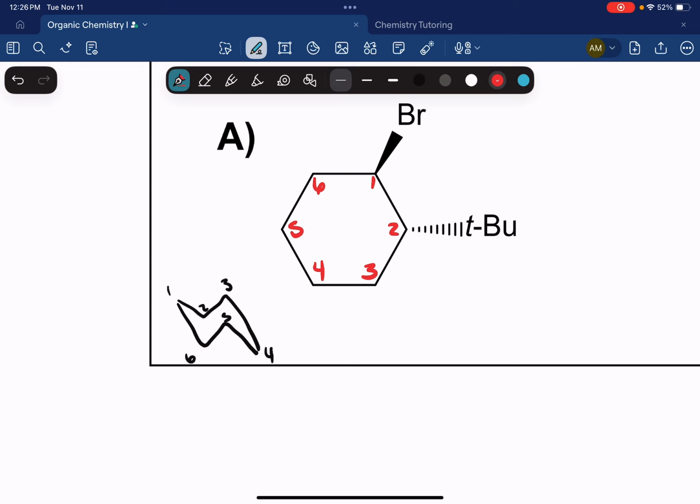Okay. So we said bold was up, dashed was down. Okay. So we've got 1, 2, our tert-butyl. Let's do a ring flip, because our tert-butyl is axial, and that is not very stable.